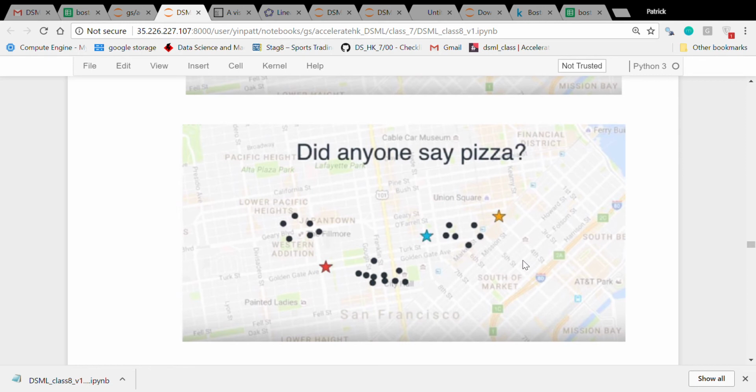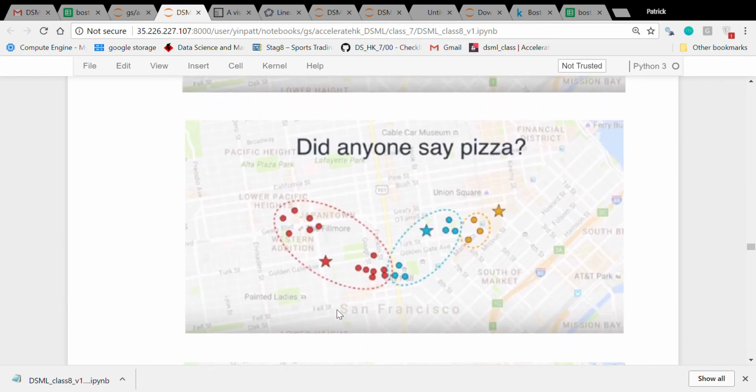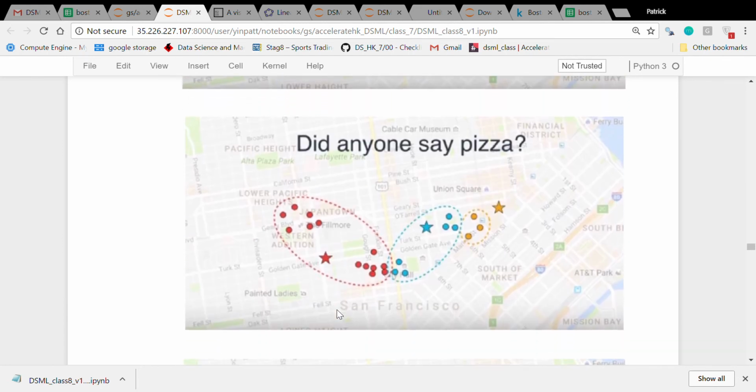So how does the machine find out where the best spots are? Let's say the machine firstly has 3 random spots. Okay, just randomly allocated 3 locations on the map. Okay, the next thing the computer does is go through every single dot and see which driver is the closest one.